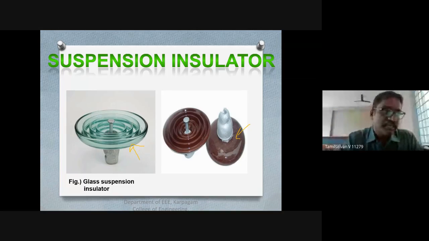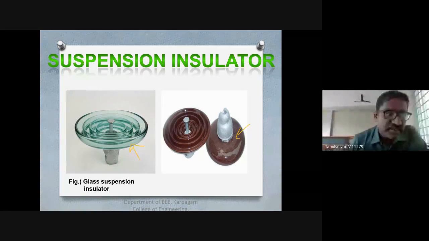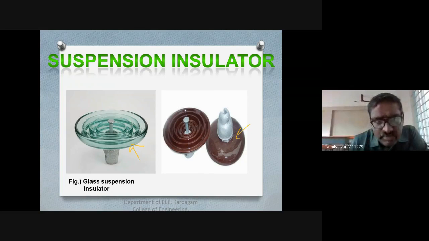As we know, the cost of the pin insulator increases with the working voltage of your transmission line.